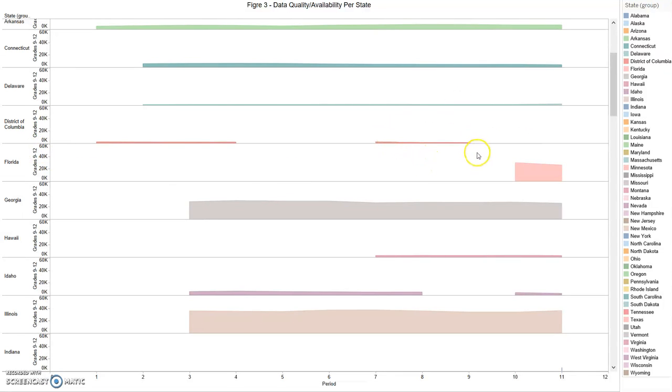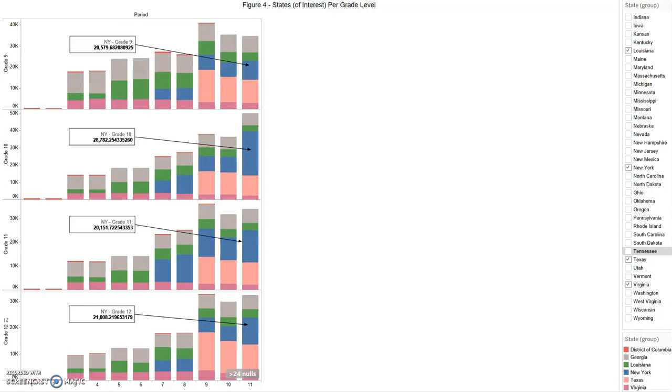The data set has null values in some of the states, so those were disregarded, because the survey was not complete or inaccurate. This figure shows a stack bar for states per grade level. The stack bar graph shows New York State has the highest number of dropouts in any grade level.